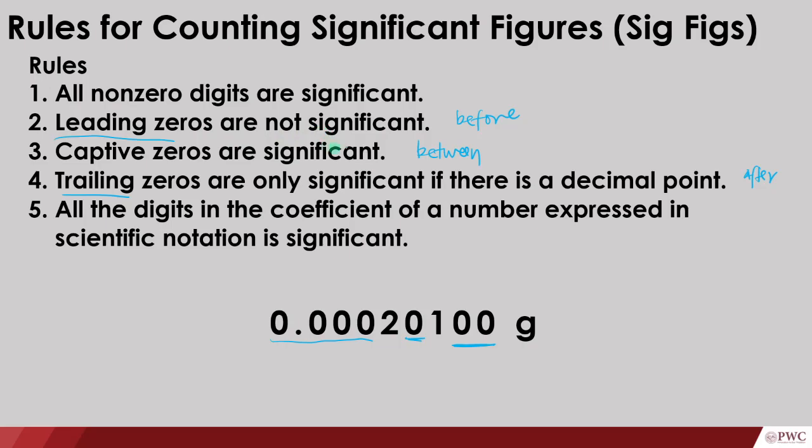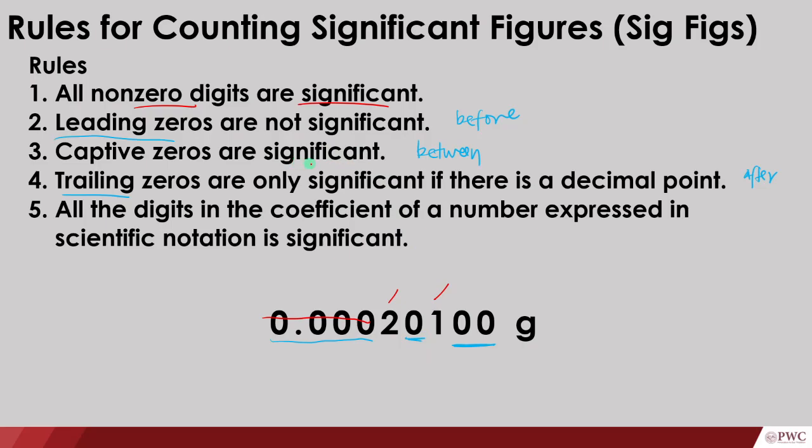Now leading zeros are not significant, meaning these zeros here, we don't count them as significant. Obviously 2 and 1 are significant because these are non-zero digits. So again, we count these as significant figures. And then here we have a captive zero.